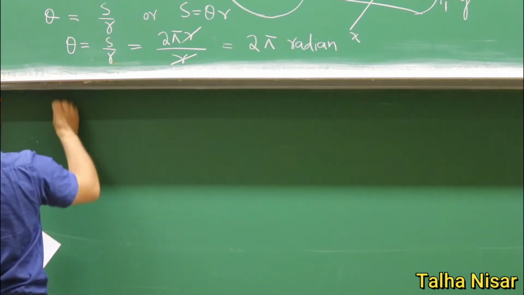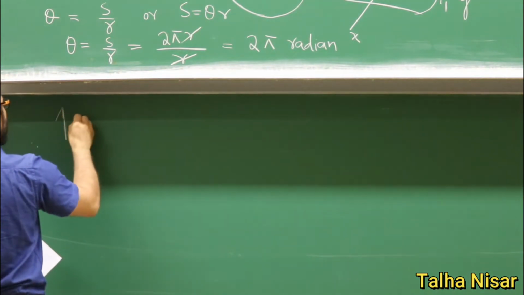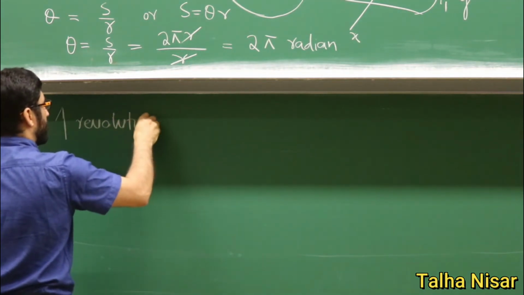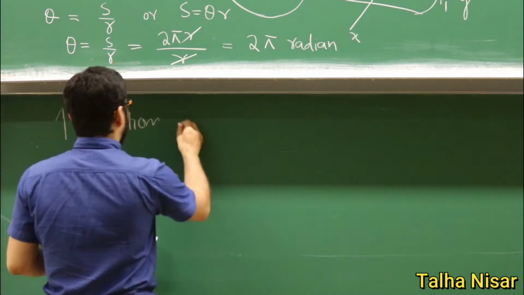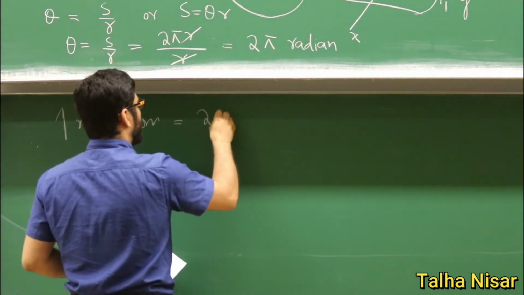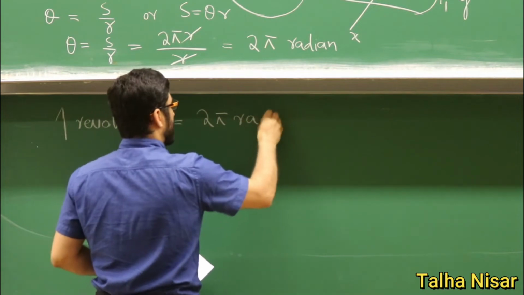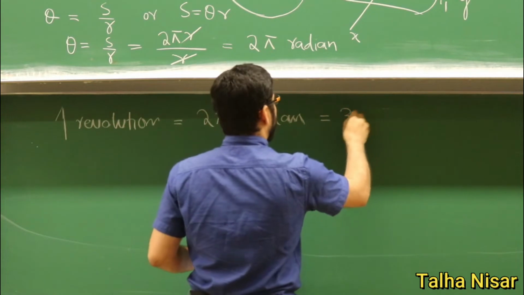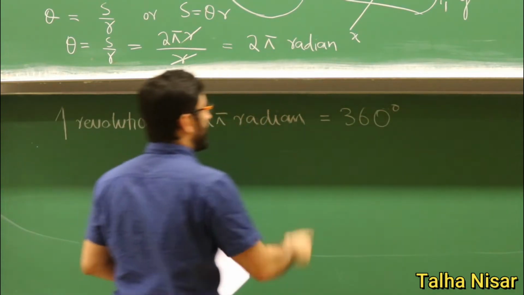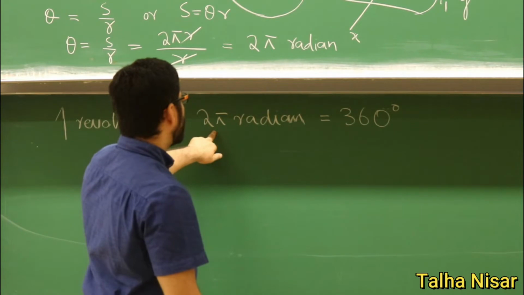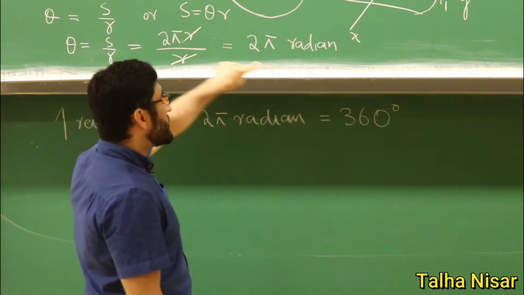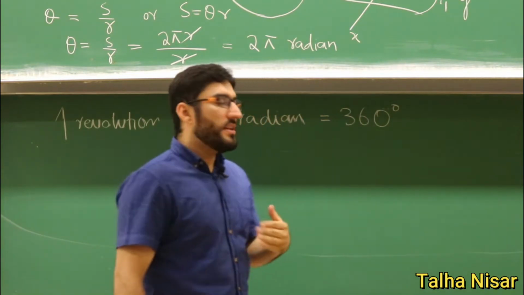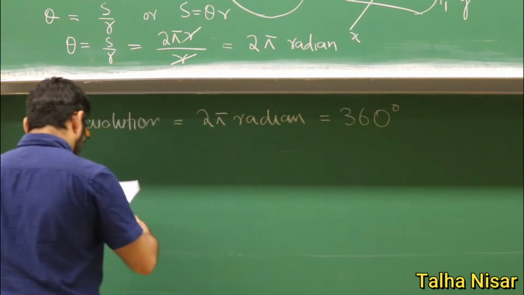For 1 revolution, we just saw that we have 2 pi radians, and this is equal to 360 degrees. In radians, the complete circle is 2 pi radians, and in degrees, we have 360 degrees.